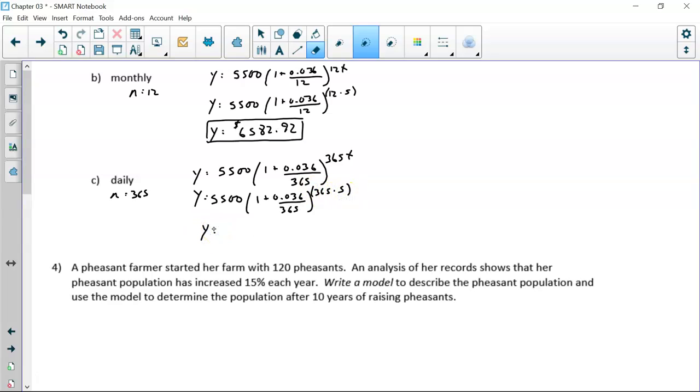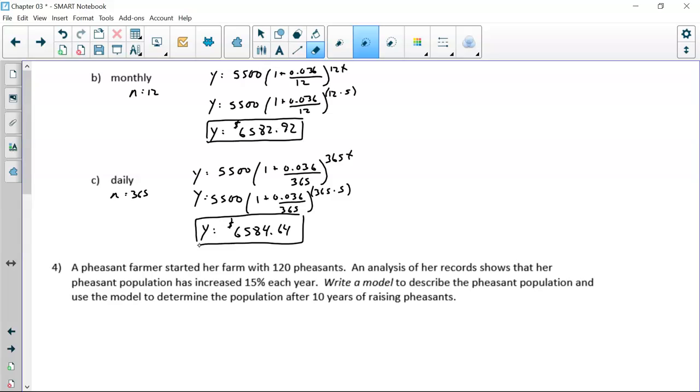So y equals, and you're going to get about $6,584.64 for that one. That's after 5 years. So there's that when you see it compounded daily, monthly, weekly, and so forth.